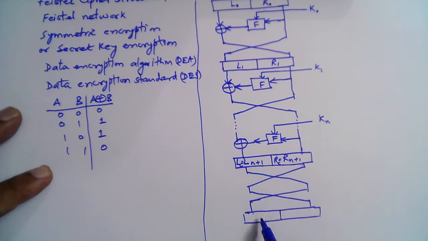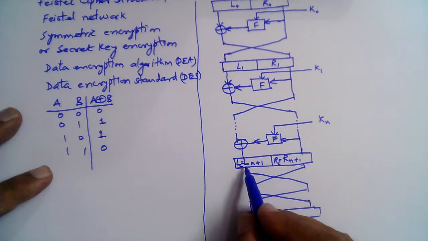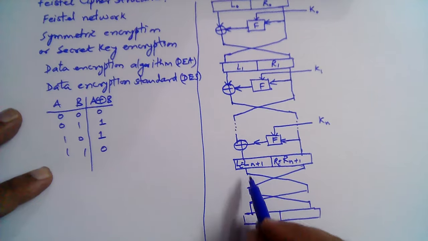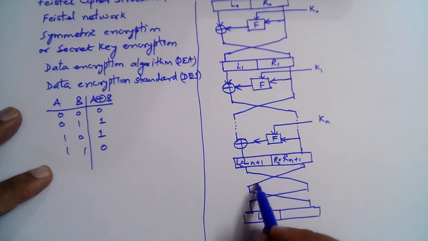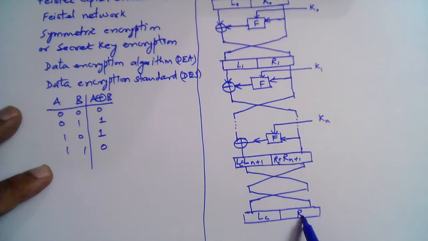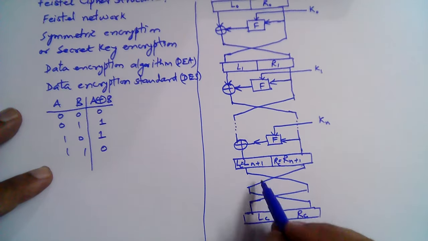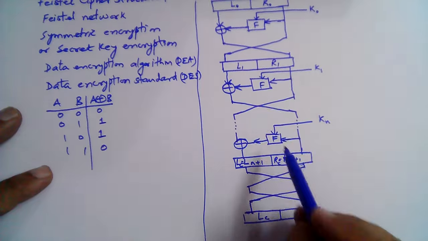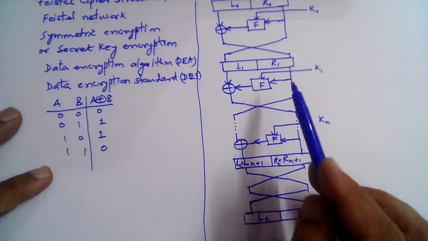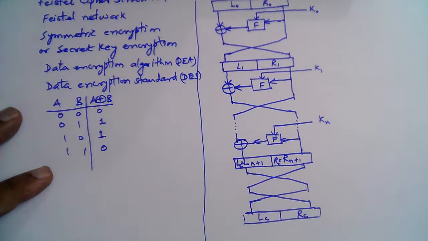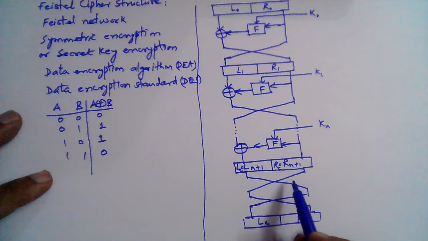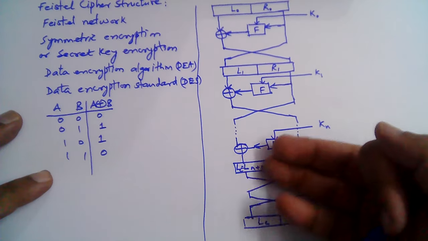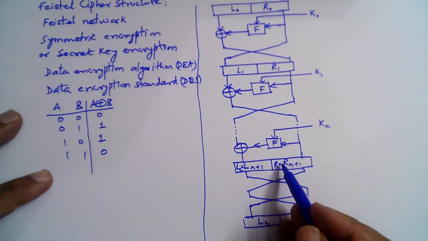This is exactly the same thing as this here: this passes through like this and ends up on the left side again, so this is LC, and this ends up on the right side, so this is RC. So basically you can omit this swap. It is just there to represent the similarity with the swap operations in the previous stages. You can omit this part and just keep this part. This is the ciphertext that you essentially achieve.